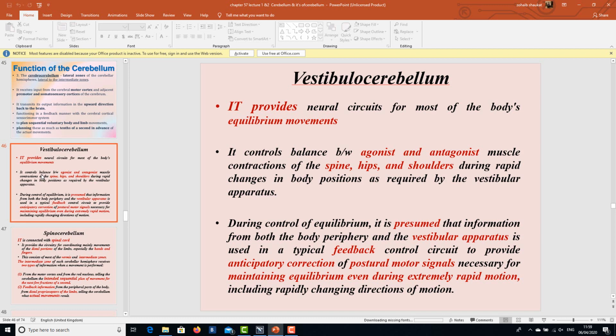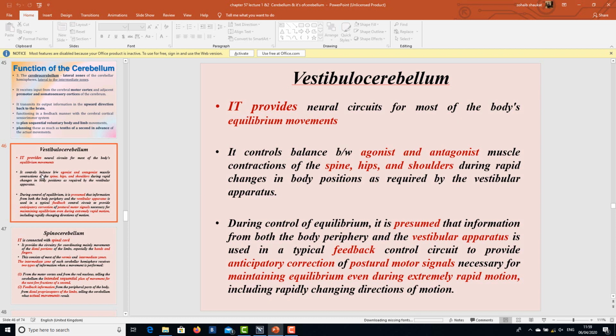It controls the balance between agonist and antagonist muscle contractions of the spine, hips, and shoulders during rapid changes in body positions as required by the vestibular apparatus.